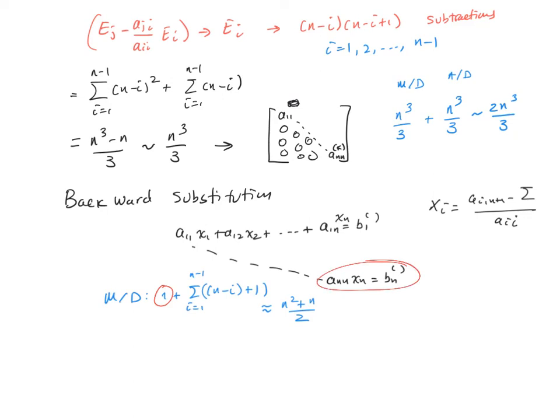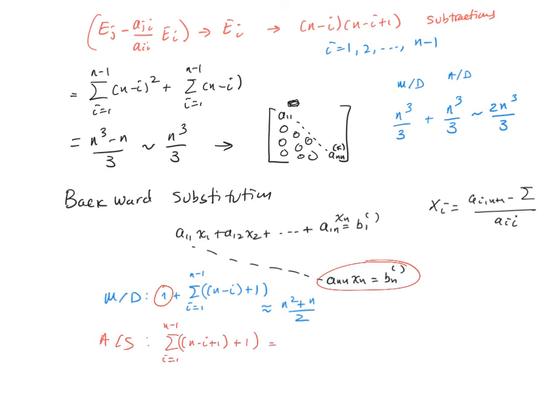It's only a division. And then the addition and subtraction you're going to need is the sum from i equals 1 to n minus 1 of (n minus i plus 1), plus 1.